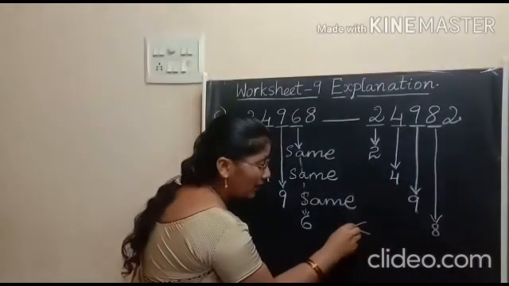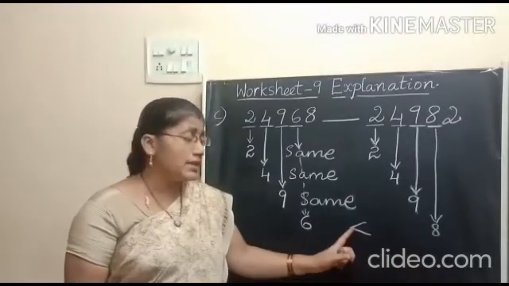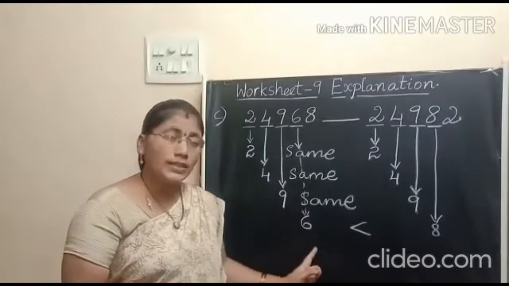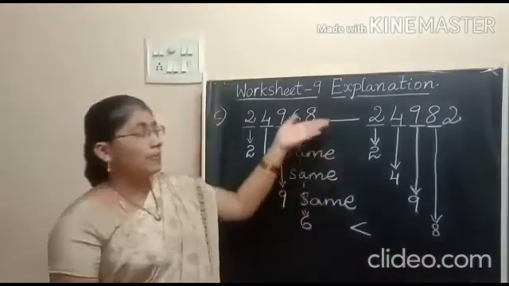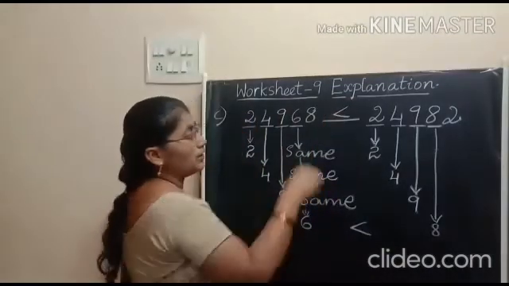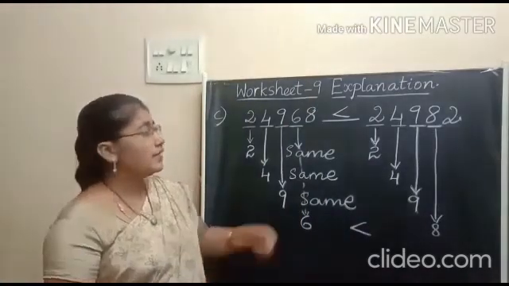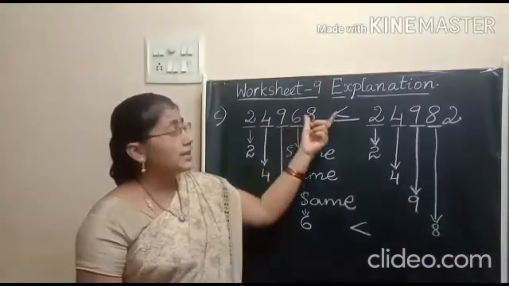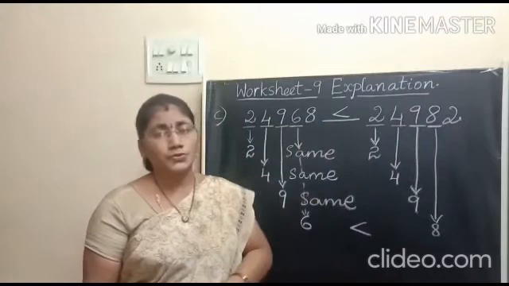That's why the numbers are also compared with the less than symbol. Isn't it? So 24,968 is less than 24,982. Understood, children?